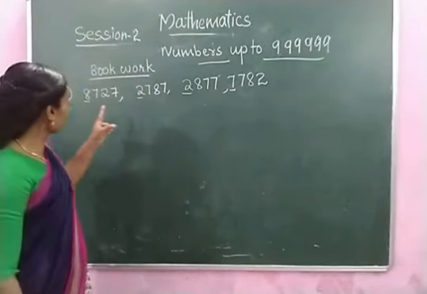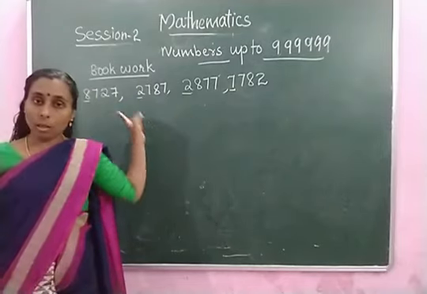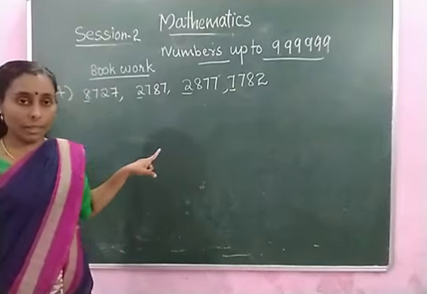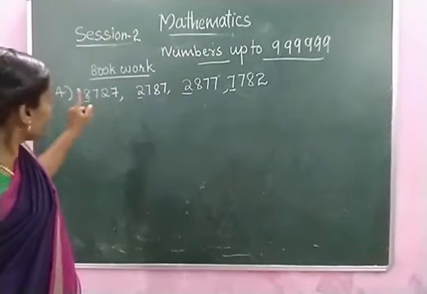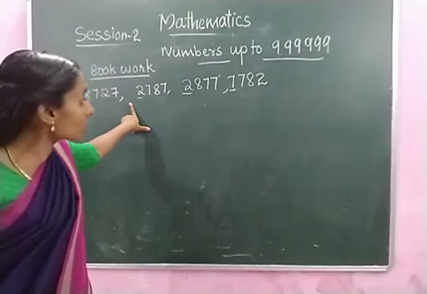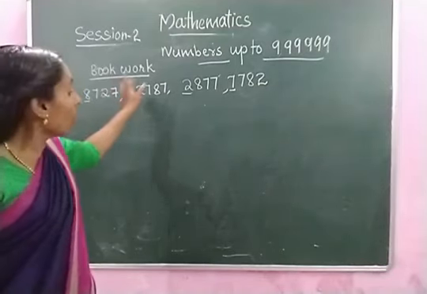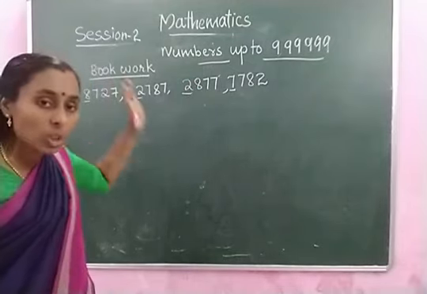Clearly we can say 8000 is the highest. So 8727 will be the highest number of this group, because here 8000 is there in the thousands place.